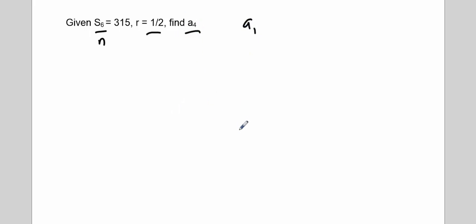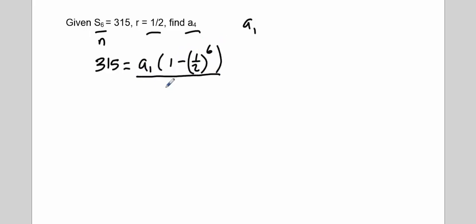So to do this problem, I think I'll use 315, that's the sum, is equal to that first term, which I don't know, times 1 minus the ratio, which is a half, to the n, since they give us n, over 1 minus that ratio. So notice I've got everything except for the first term. I should be able to solve this.